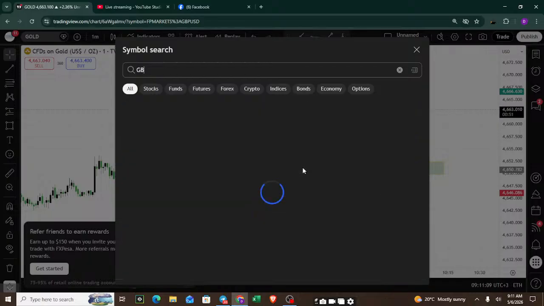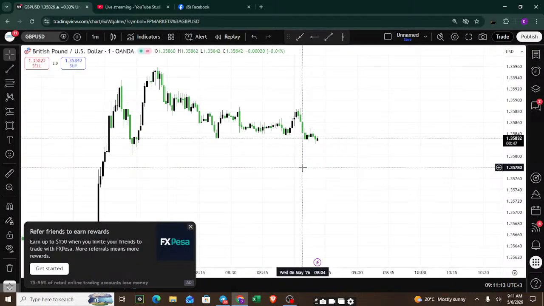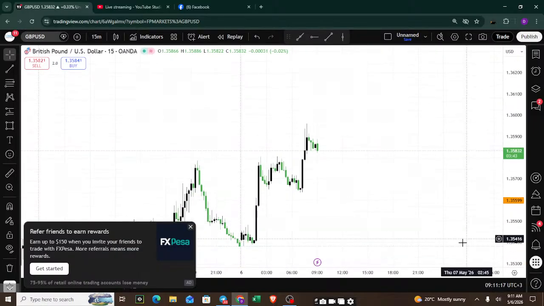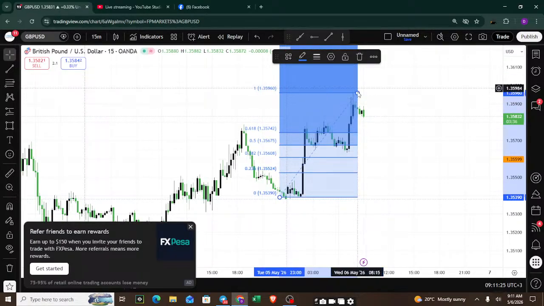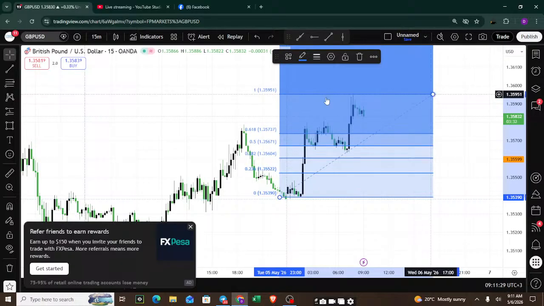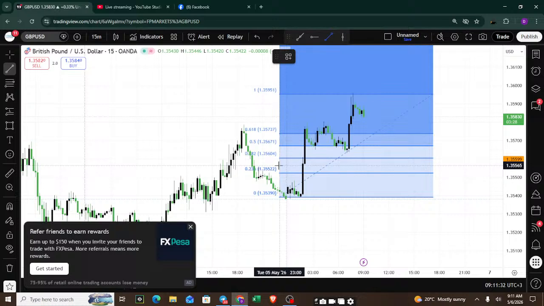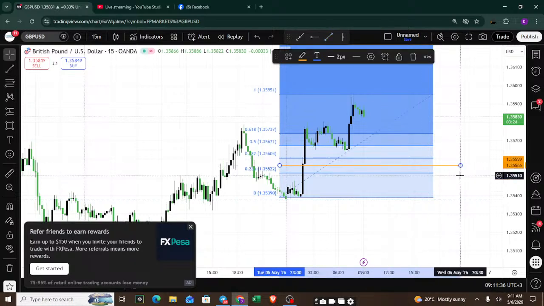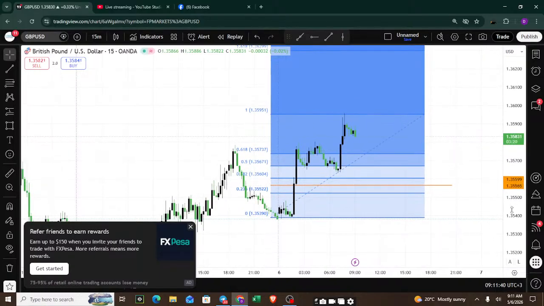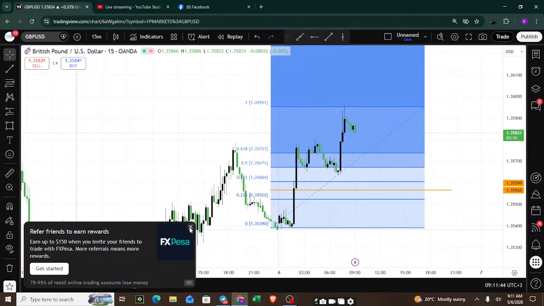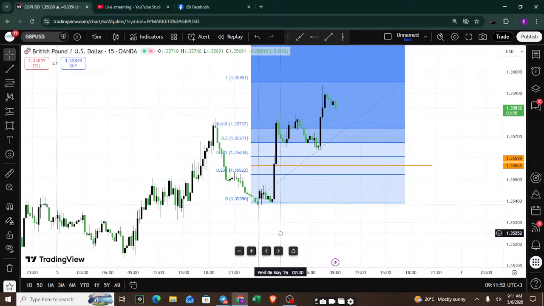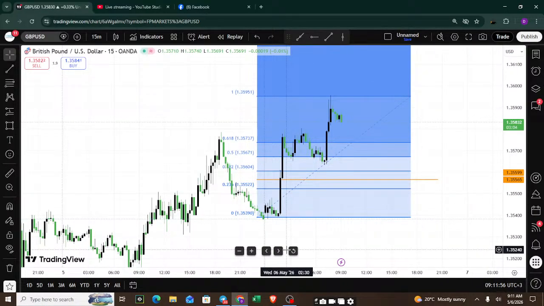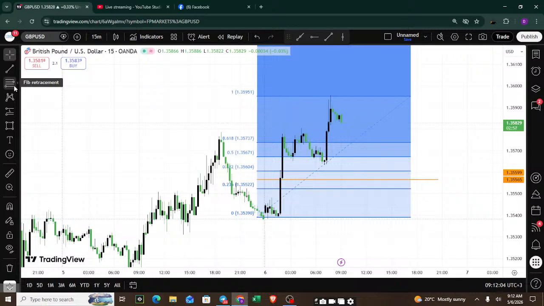We're also going to be anticipating for GBP USD. So this is our trade idea today.